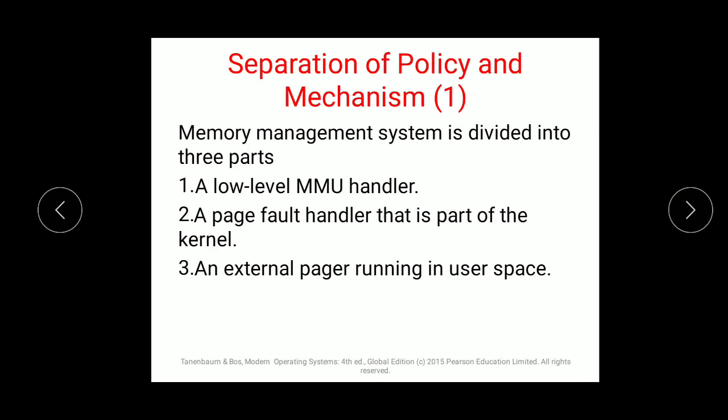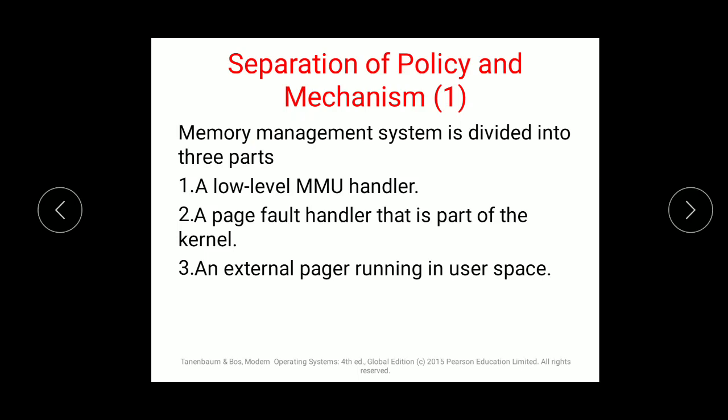Next is separation of policy and mechanism. The memory management system is divided into three parts: a low-level main memory unit handler, then a page fault handler, that is a part of the kernel, and an external pager running in user space.